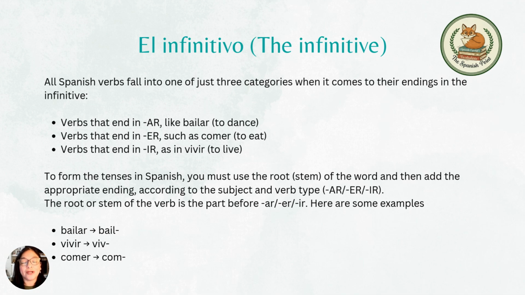And to that, we are going to add the endings for the present, the endings for the preterite, for the imperfect, etc. So that is the way we form the tenses in Spanish. So keep in mind the idea of the infinitive because you are going to be hearing a lot about it.